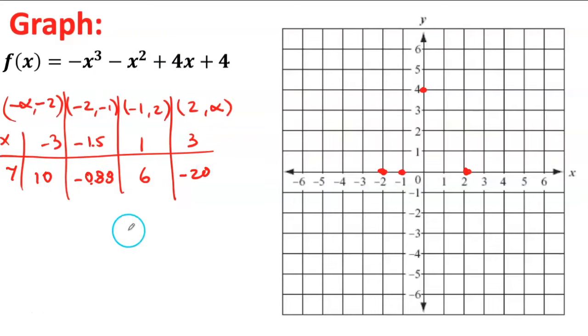Once I have this, I plot these values again over here, -3, 10 comes out of my graph all the way up there. -1.5 is -0.88, so almost a -1. 1, 6 up here. 3, -20, all the way down there.